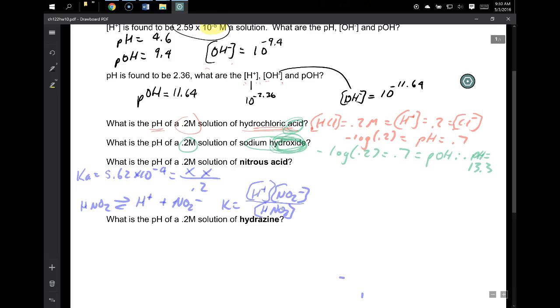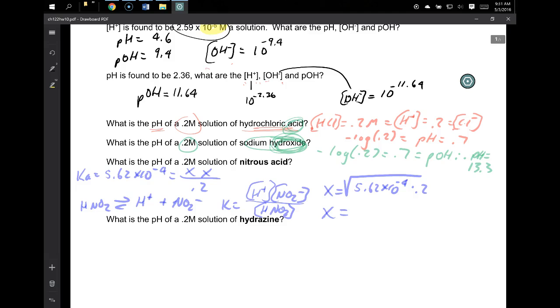So I get x and x. And so if I do the algebra on that, I get x is equal to the square root of 5.62 times 10 to the minus fourth times 0.2. And so what is that?